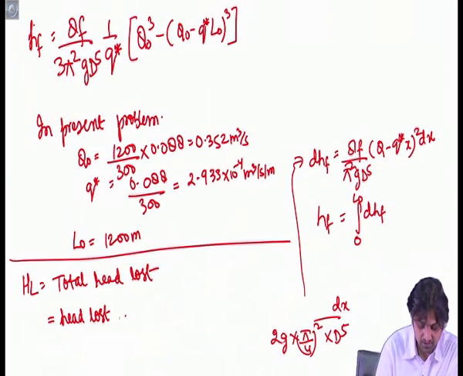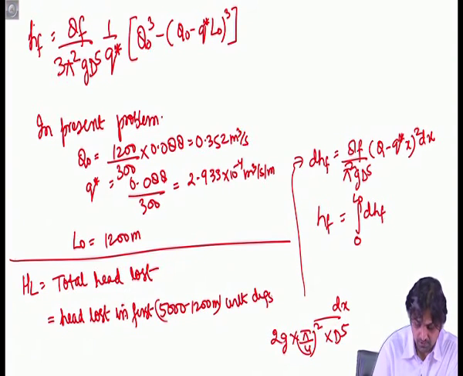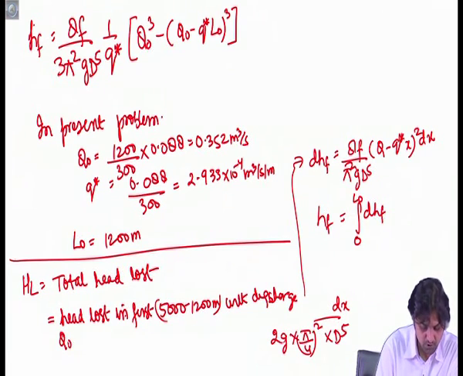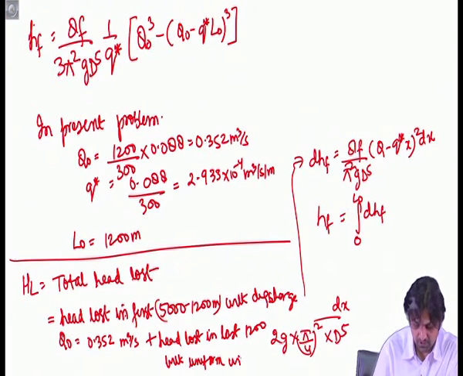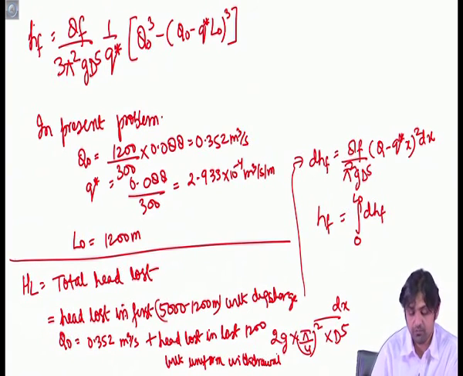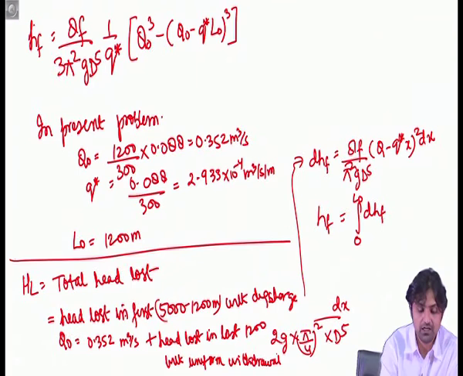It is the head lost in the first 3800 meter with discharge Q naught equal to 0.352 meter cube per second, plus the head lost in the last 1200 meter with uniform withdrawal. The first one is going to be the major head loss, and for the second one we used a differential equation, and that is what we wrote as HF2.